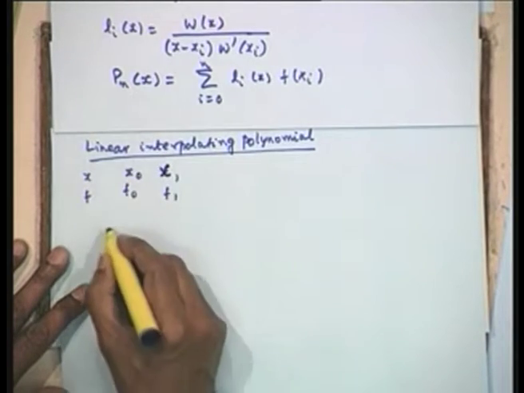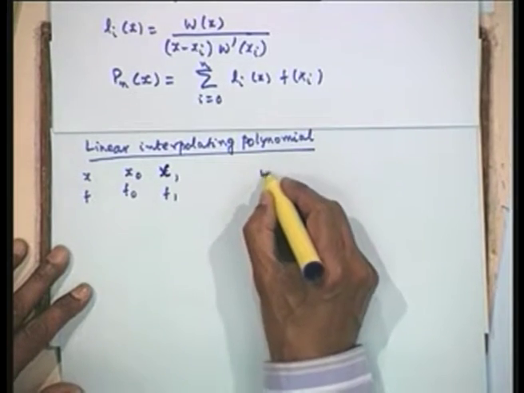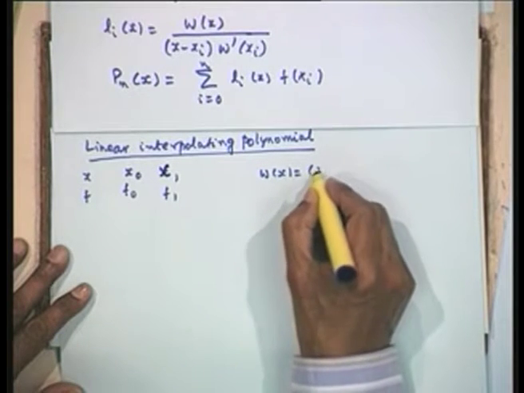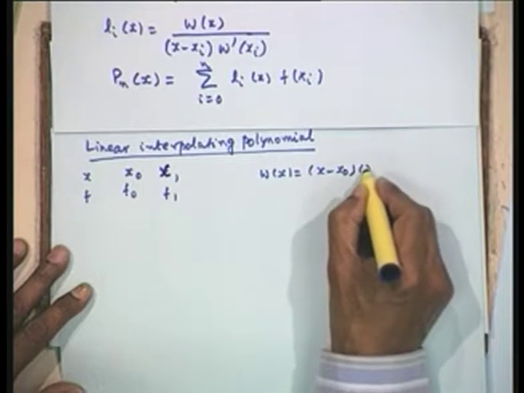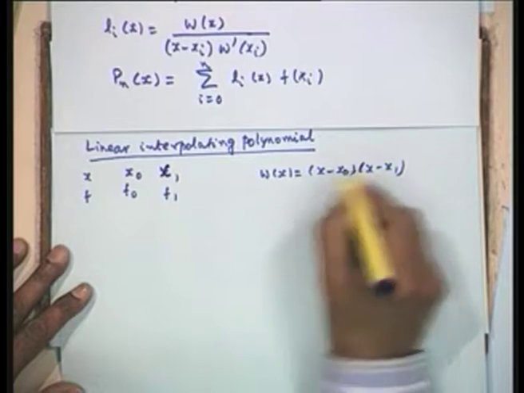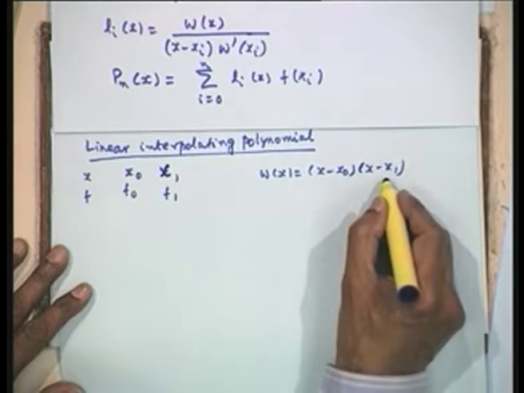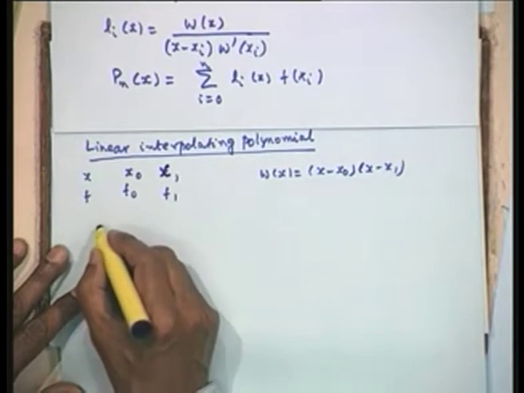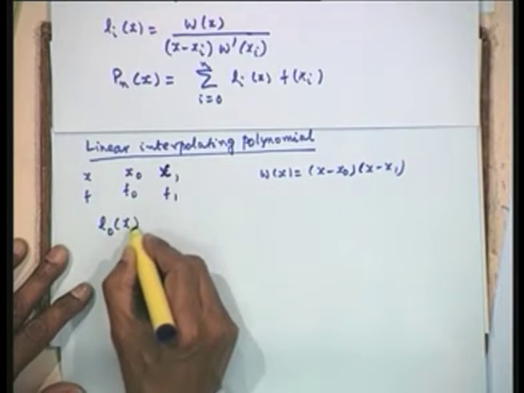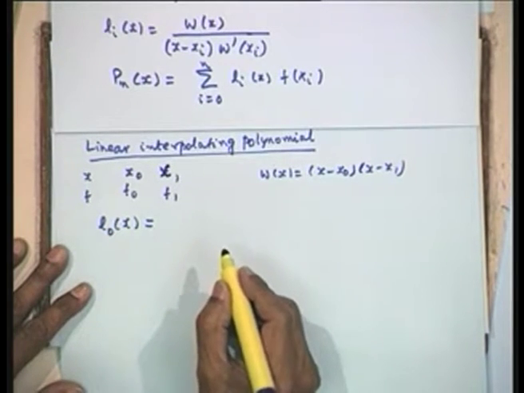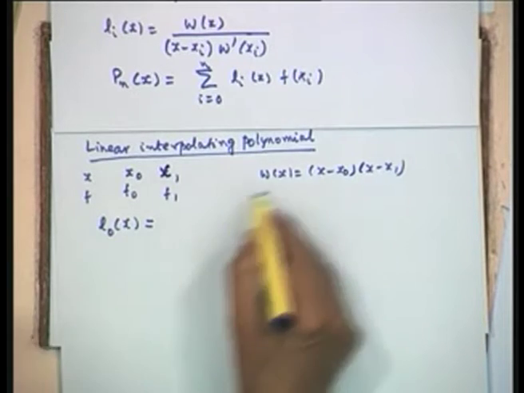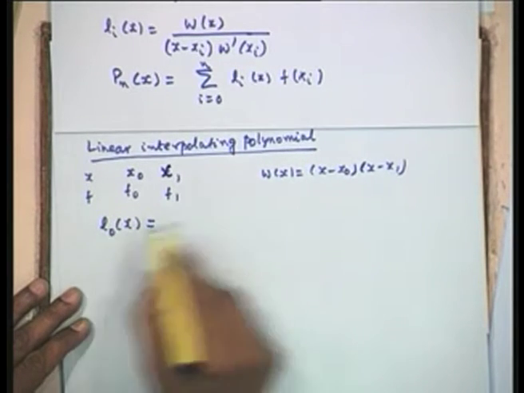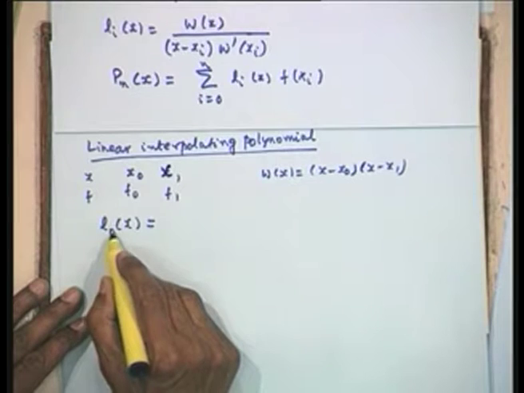Therefore, our fundamental polynomial should be, now the factors of w(x) will be all the factors x minus x0, x minus x1. There are only 2 abscissas, therefore, there will be only 2 factors. Therefore, our L0(x) must be equal to, I must skip in the numerator the factor corresponding to this suffix, that is x0.